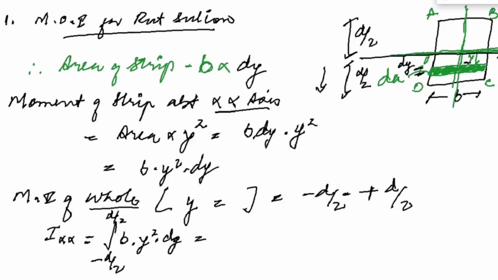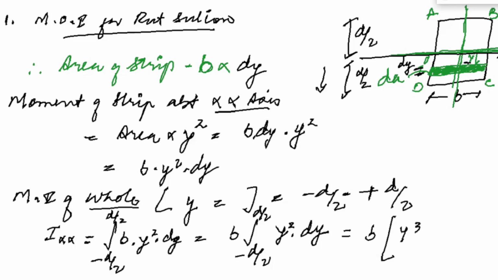That will be equal to B times the integral of y square dy, which after integrating will be equal to y cube by 3 within limits minus d by 2 to plus d by 2.